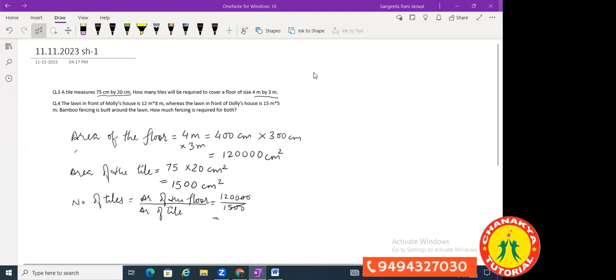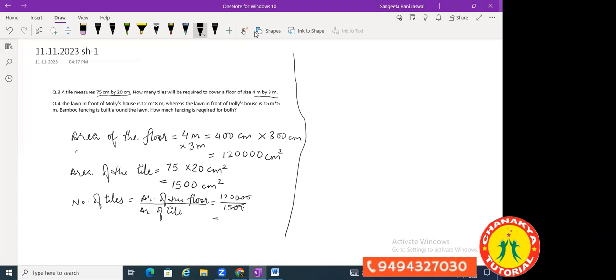Okay. Now let's start the next question. Read the next question. The lawn in front of Molly's house. Molly is somebody's name.